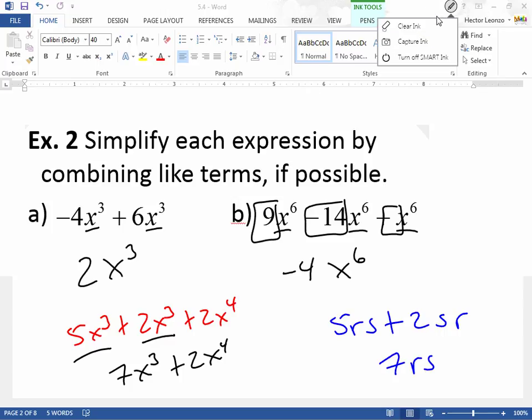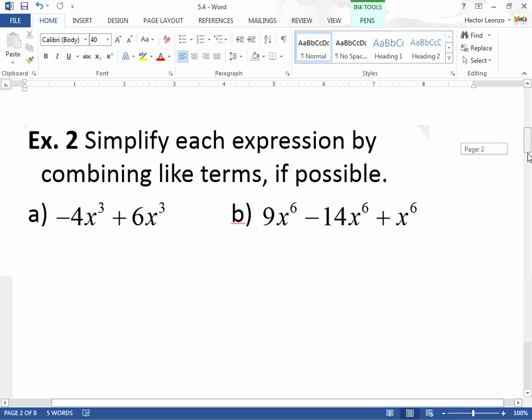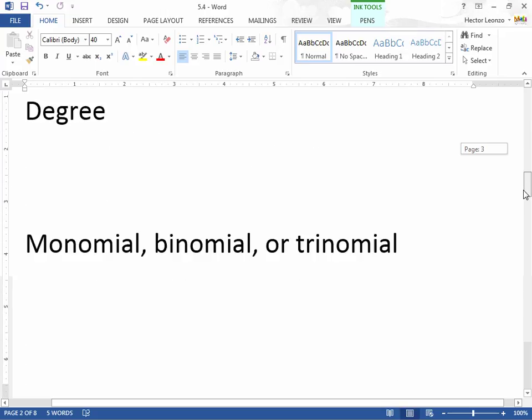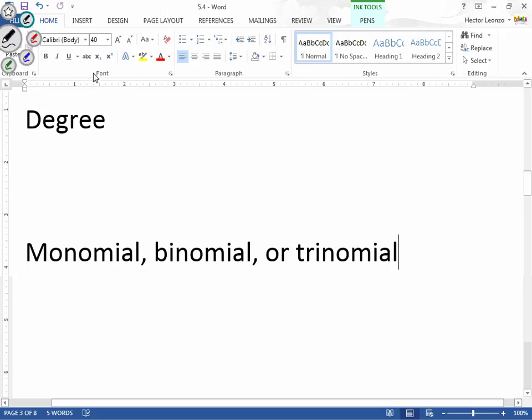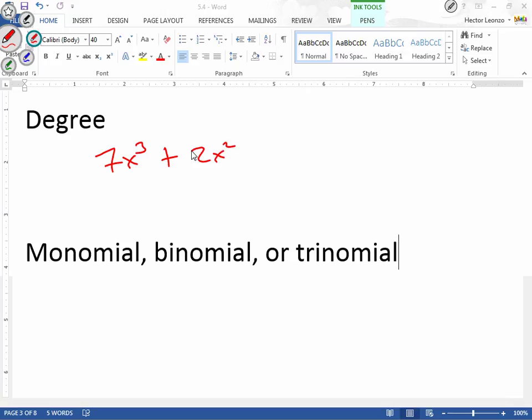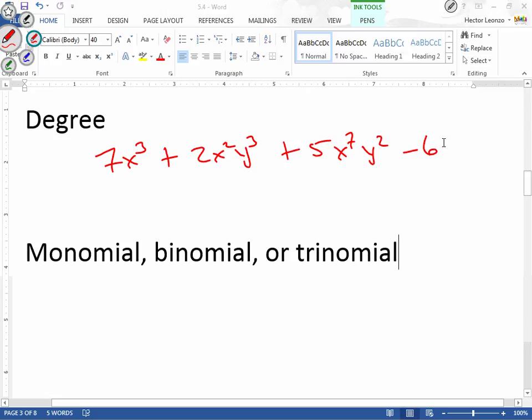Okay, so let's take a look at something else. Let's take a look at what we call a degree. And let's come up with an example. Let's say I had something like 7x to the third plus 2x squared y to the third plus 5x to the seventh y to the 2 minus 6y to the fourth.